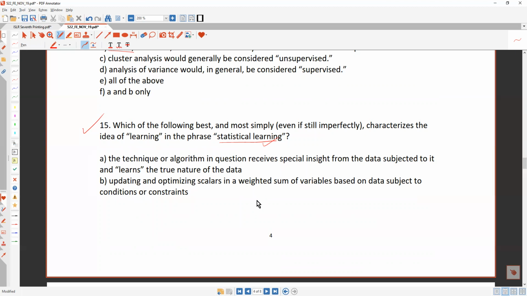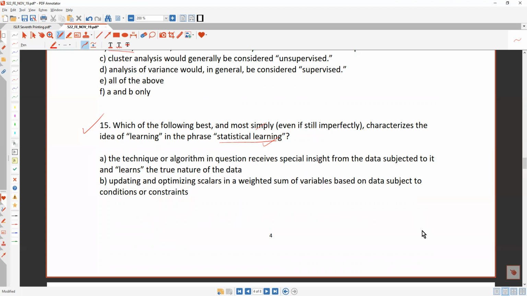So which one of these two choices best sums up what statistical learning actually is? And one thing that I hope we've learned from the course is to be able to identify what this term means. So when you hear terms like machine learning and statistical learning, they're not always going to be one of these things, but it's very much encapsulated into one of these ideas.